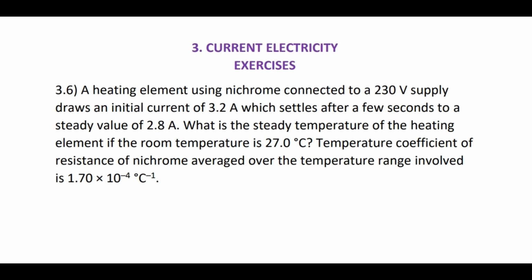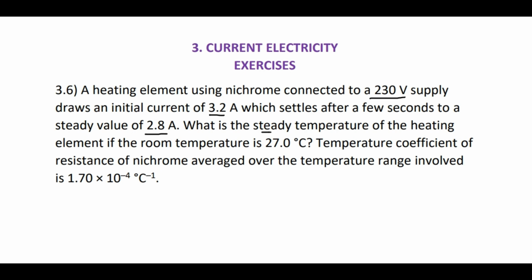Coming to 3.6. A heating element using nichrome connected to a 230 volt supply draws an initial current of 3.2 ampere which settles after a few seconds to a steady value of 2.8 ampere. If you observe here, the current is decreased from 3.2 ampere to 2.8 ampere.